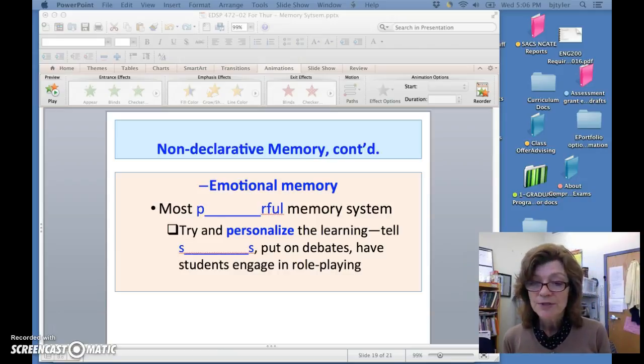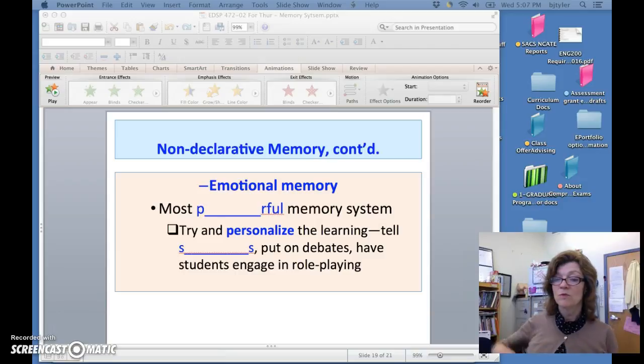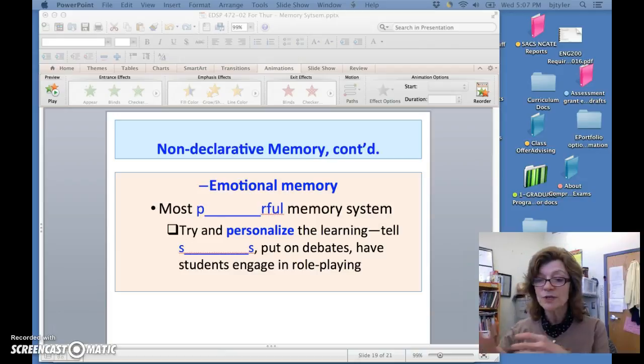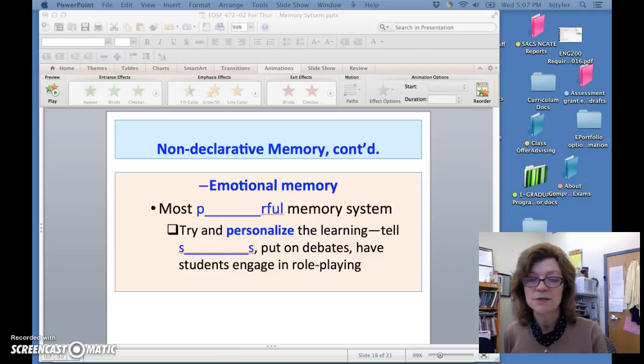You can try and personalize the learning for children. Tell stories. Have the children put on debates where some of the students are presenting the one side of the story or event, whatever it is that you're talking about and trying to learn, and the other students represent the other side of the debate.